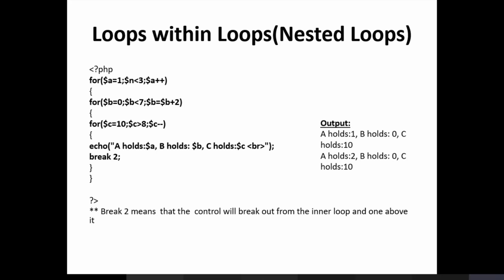So break 2 means it comes outside the two loops together. If you write a simple break, it comes out of one loop only. But if you write break 2, it comes out of the two loops that are running. So the output will be A holds 1, B holds 0, C holds 10. And in the second, the output will be A holds 2, B holds 0, and C holds 10. So this is a loop within a loop, and a loop within a loop is known as nested loops.